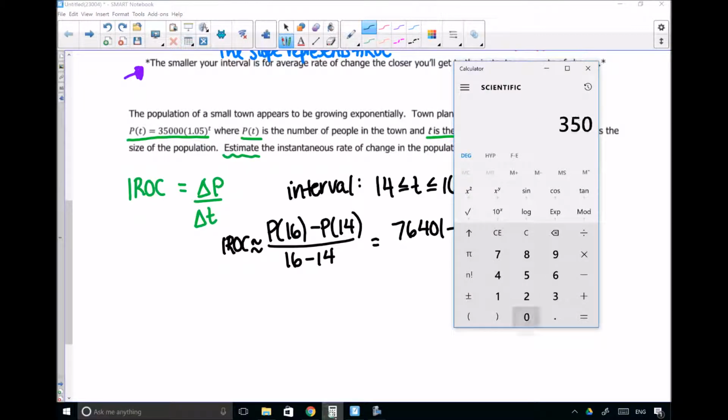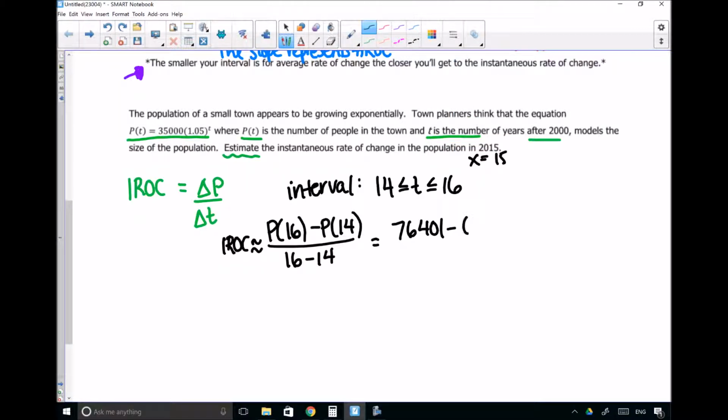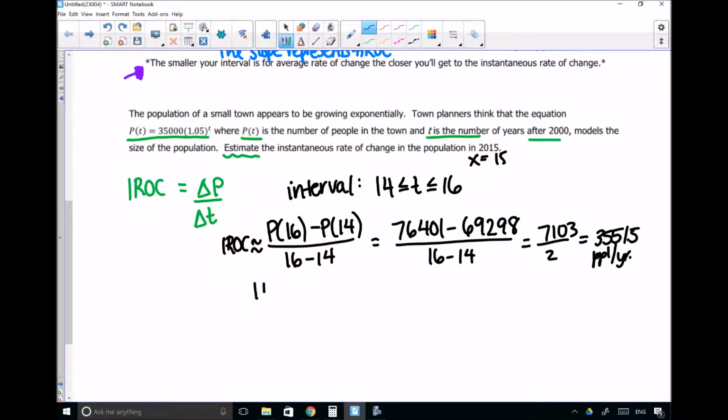So I'm going to do 35,000 times 1.05 to the power of 14, and I get approximately 69,298. And then that's going to be over 16 minus 14. So I get 7,103 over 2, which is equal to 35,551.5 people per year. So right now that means that my instantaneous rate of change is approximately this answer right here.